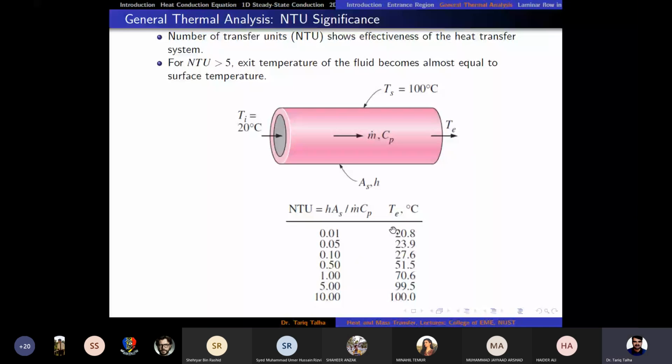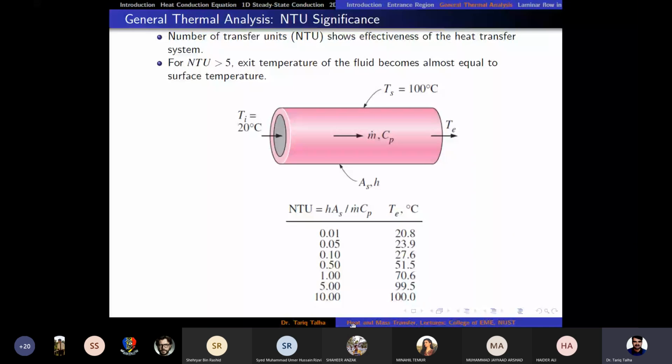But when it becomes equal to 5, the exit temperature of the fluid is 99.5. So even if we double the pipe length, it increases only by 0.5.